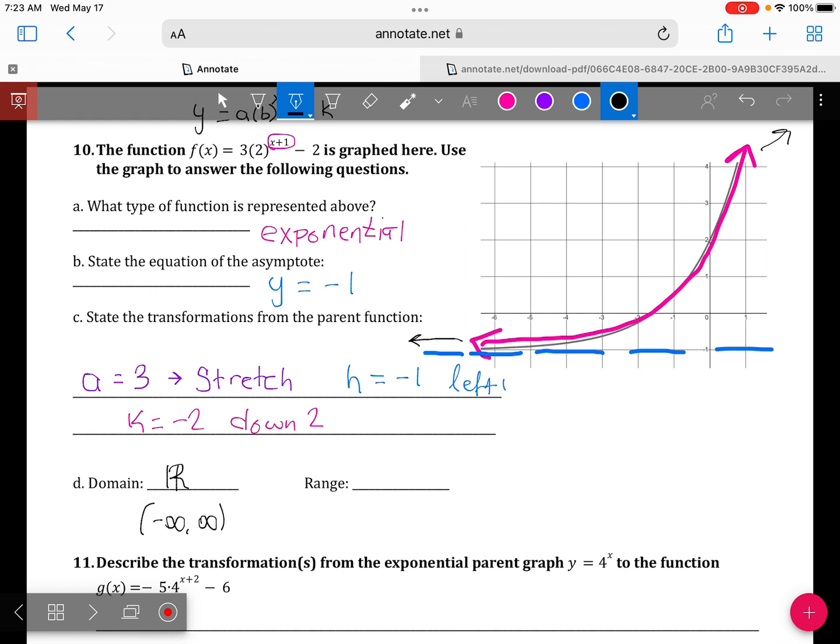What's our range on the picture? Is it going to be all real numbers again? What's the smallest my y can be? -1. So my y has to be bigger than -1, or -1 to infinity. However we want to notate this for our domain and range.